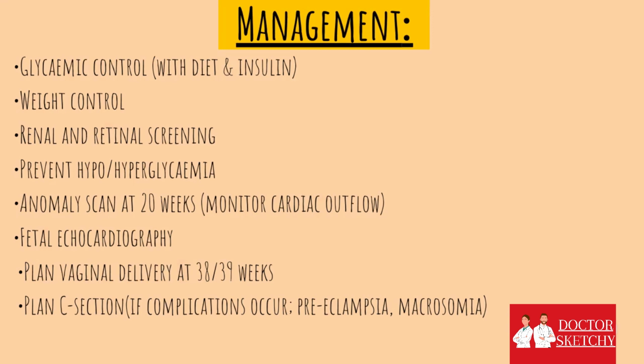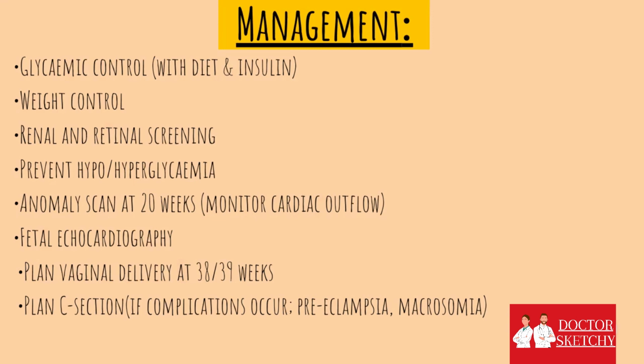Renal and retinal screening, prevent hypo or hyperglycemia, and anomaly scan at 20 weeks to monitor the cardiac outflow. Fetal echocardiography, as the fetus is at the risk of cardiac anomalies, and plan the vaginal delivery at 38 to 39 weeks, or if there are complications like preeclampsia or macrosomia, then you should plan the C-section.